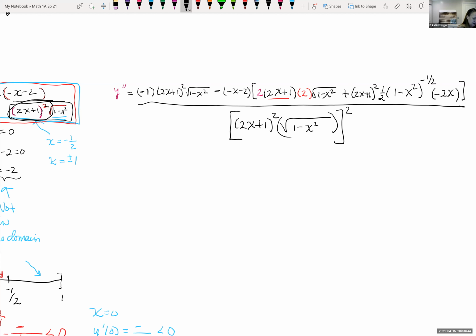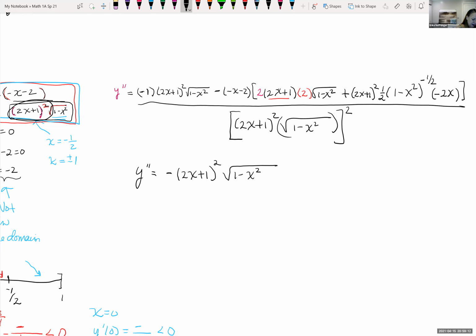Let's think about this. Let's clean it up a little bit. Let's just keep the negative. Two x plus 1, quantity squared, square root of 1 minus x squared.